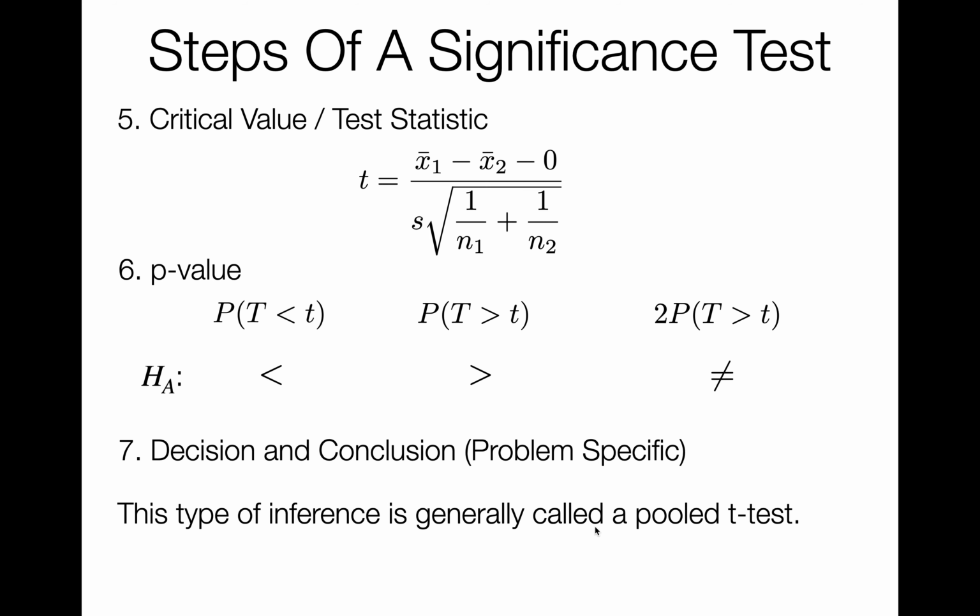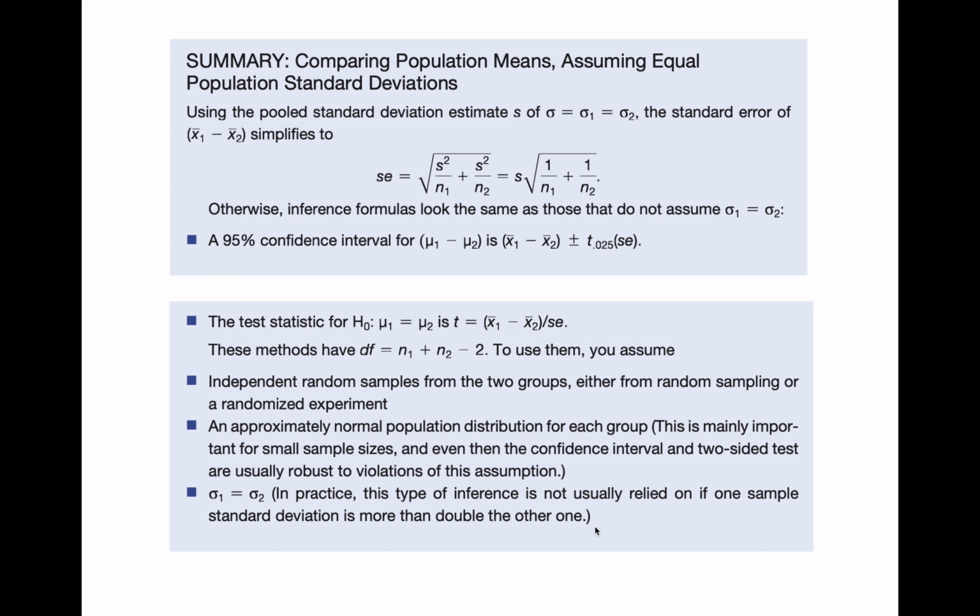And of course, this type of inference is what we call a pooled inference. And so the hypothesis test or significance test that we're doing here is called a pooled t-test. And so there's the summary for the confidence interval and hypothesis test for a pooled t-test.